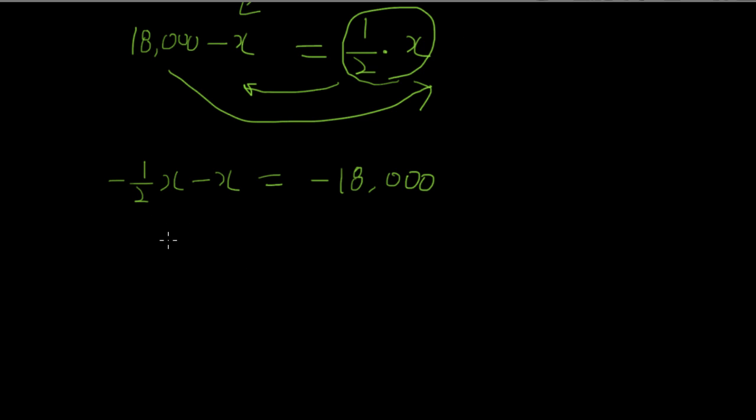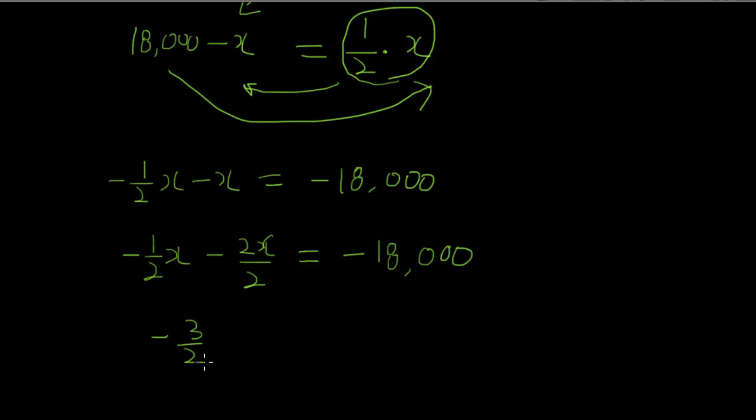Combine this: this is negative 1 half x, this is negative 2x over 2, right? Same thing, equal negative 18,000. Combine these: we have denominators 2, with negative 1 and negative 2, so this would be negative 3 over 2 x equal negative 18,000. So what do we do now?